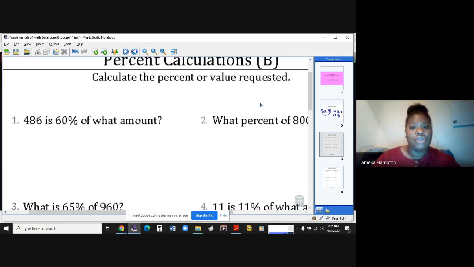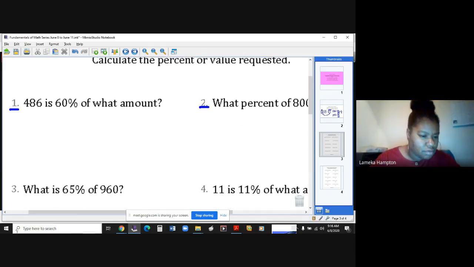But what I would like to do for the first 3 problems, oh, I forgot I changed my cursor. All right. For numbers 1, 2, and 3. Okay.